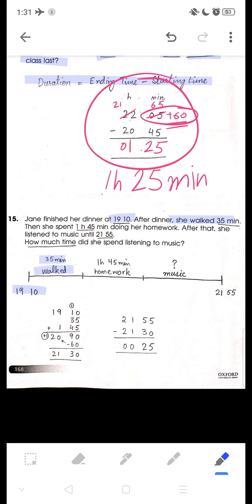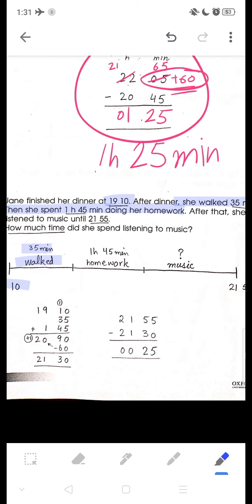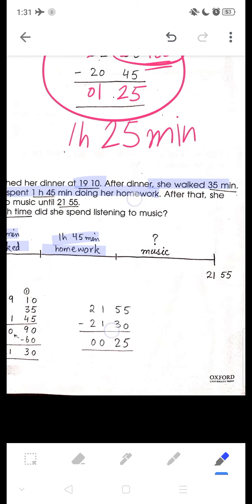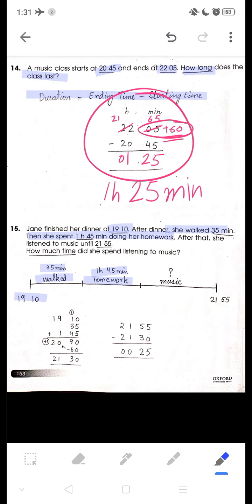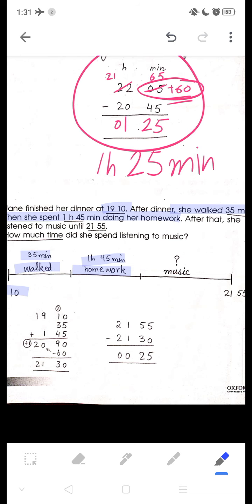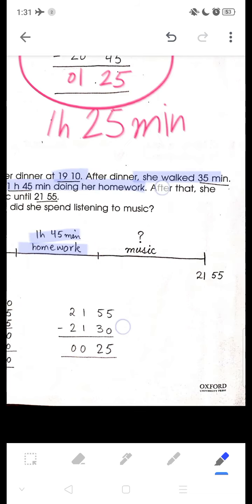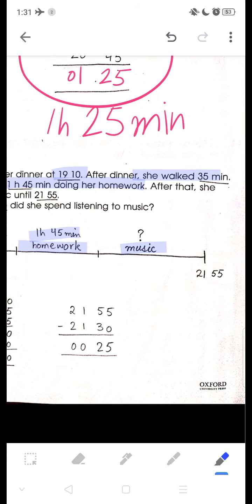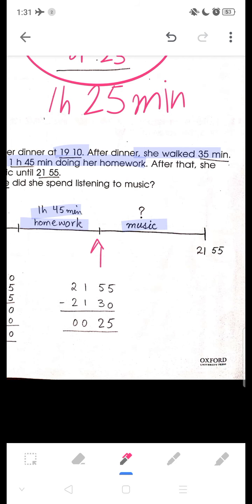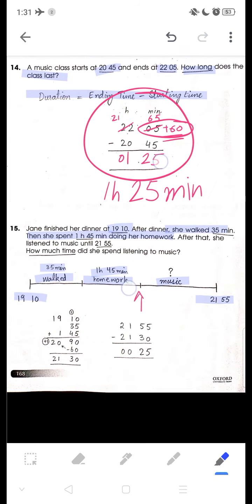Then she spent 1 hour 45 minutes doing her homework. After that she listened to music until 21:55. Now the question is, how much time did she spend listening to music?